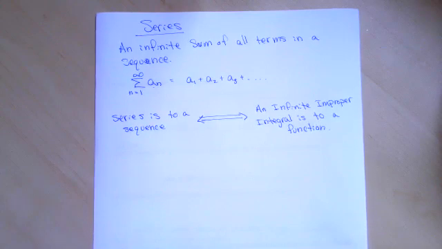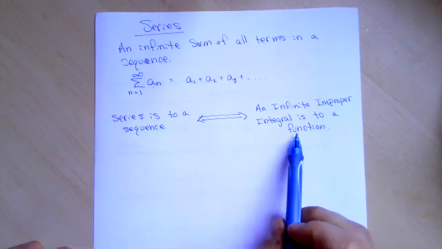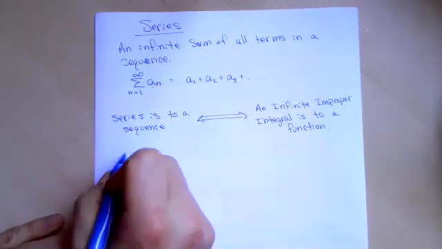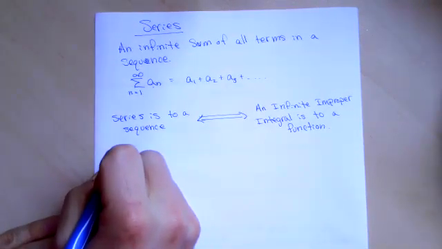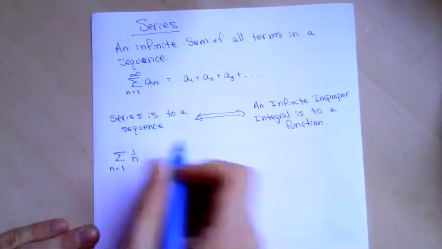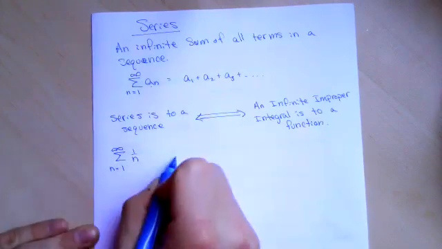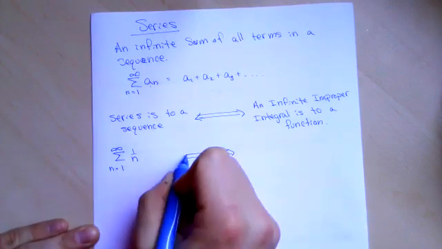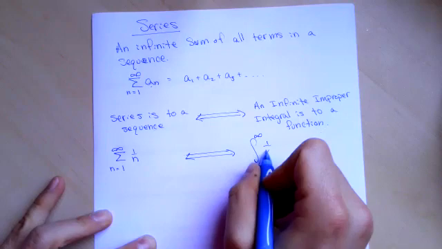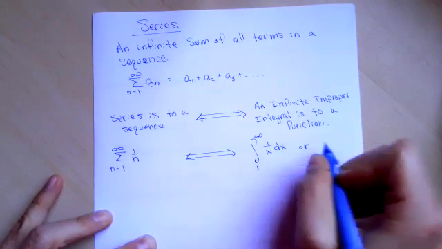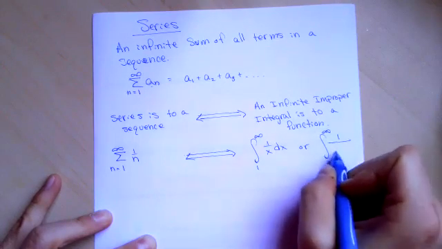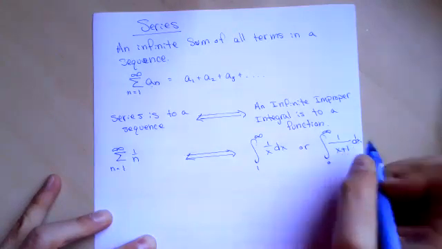Convergence, at least, will really depend on the decay of the function, how small the function is getting. To give a more concrete example, consider the sequence 1 over n, called the harmonic sequence, which we'll look at a little bit today. It's very much the same as considering the integral from 1 to infinity of 1 over x dx, or even 0 to infinity of 1 over x plus 1 dx.